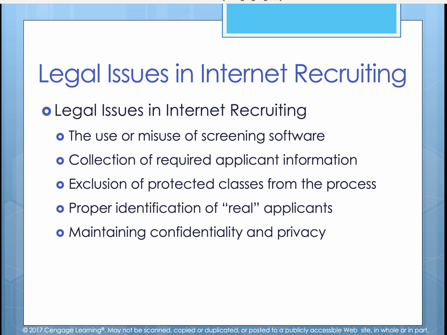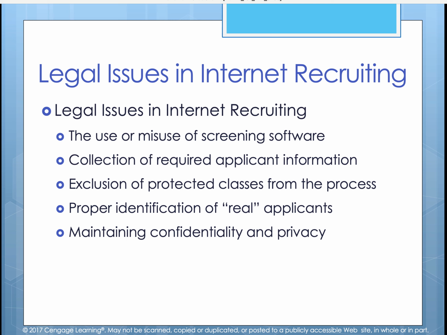Also, how we go about collecting required information and making sure that we're not collecting information that is not required for the job, not required for state, county, or federal reasons.